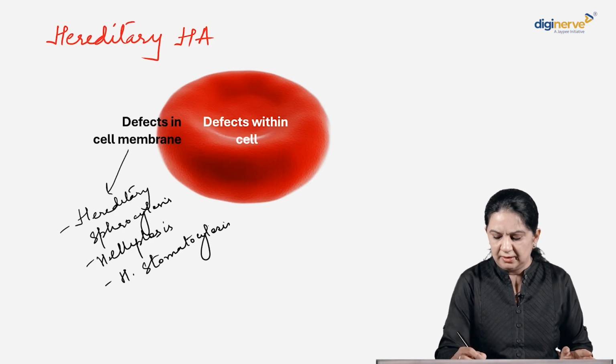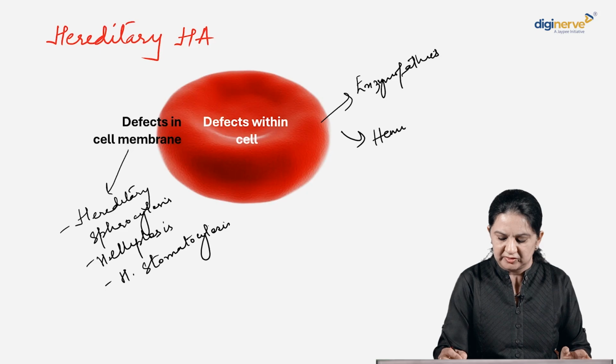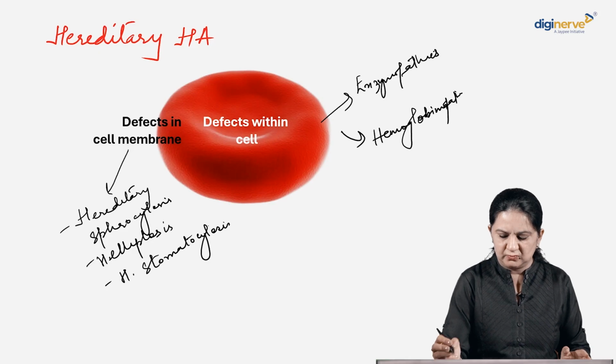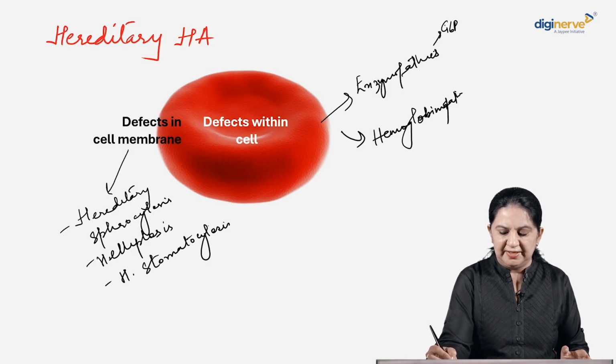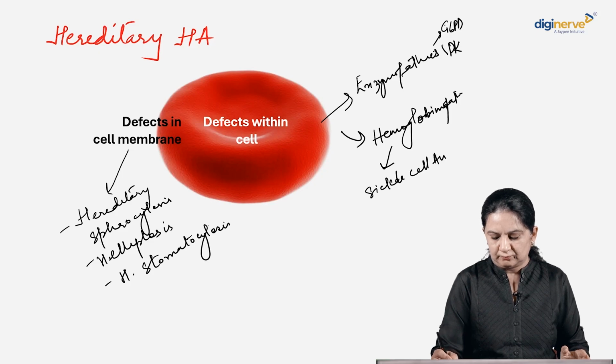Defects within the cell could be due to enzymopathies or hemoglobinopathies. Enzymopathies, we will study G6PD deficiency and pyruvate kinase deficiency. Hemoglobinopathies like sickle cell anemia or thalassemia.